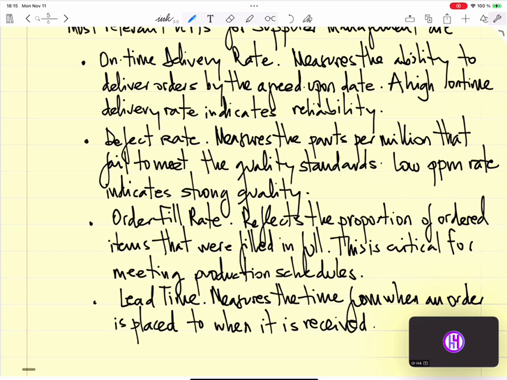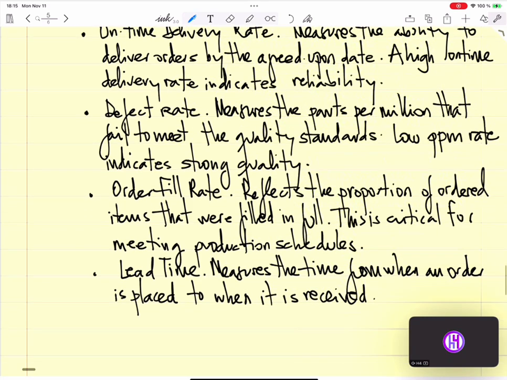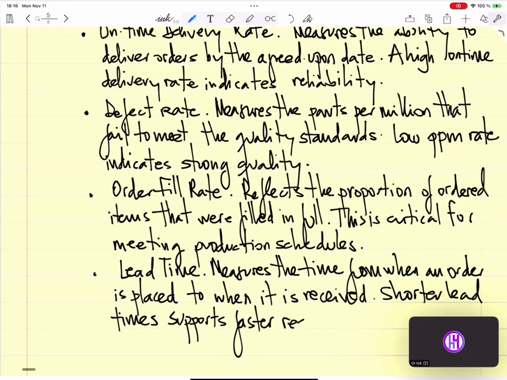Shorter lead times support faster response times and improve flexibility and quality. Supports faster response and better quality.